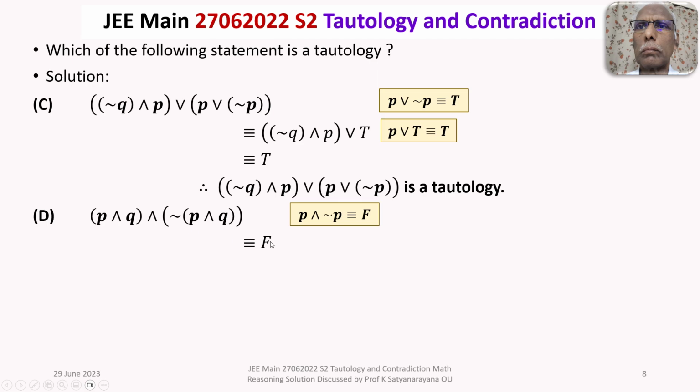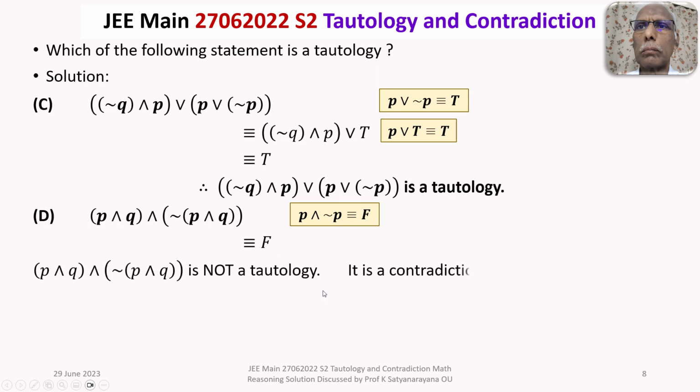It will be always false for all truth values of P and Q. So that means it is not a tautology and it is a contradiction. Now the answer to this question is that option C is a tautology. So the answer is option C.